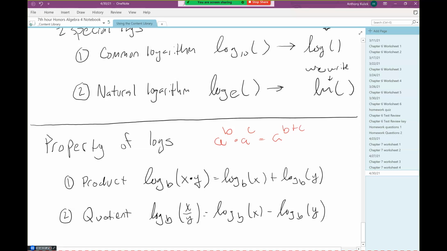Important point to make here, the order in which you write log x and log y definitely matters. The denominator needs to be the logarithm that's negative. Everybody's okay with that? Again, that's fairly obvious, but I want to point out that that definitely matters.